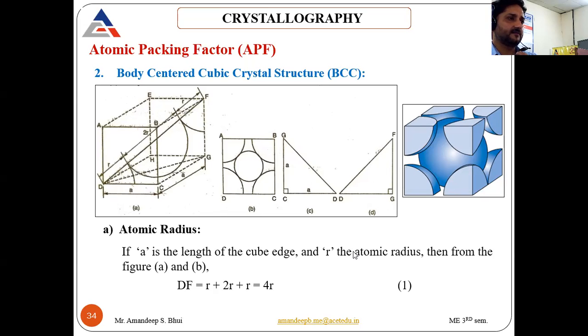Both of these are right angle triangles.